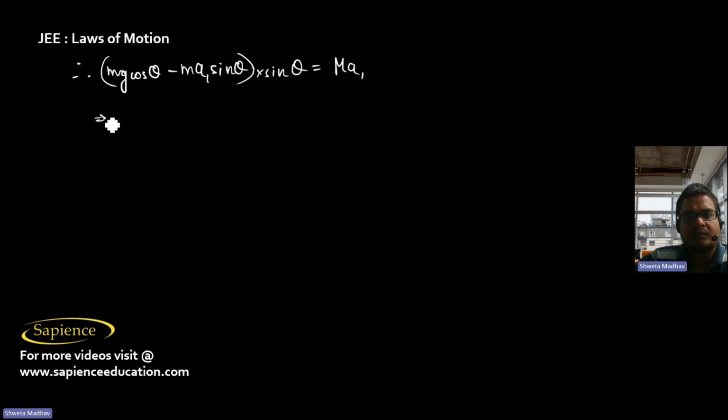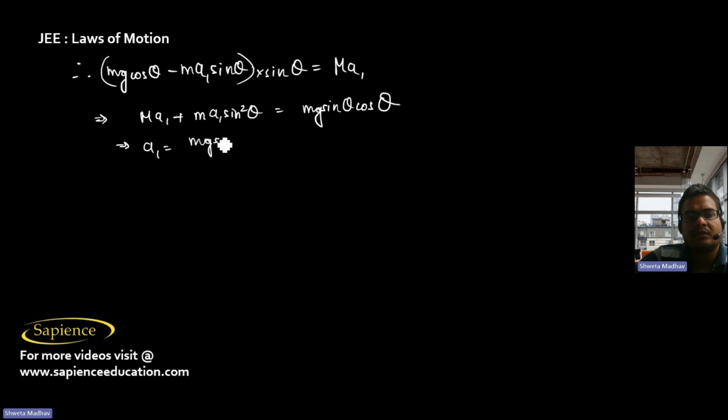So here we can say ma1 plus ma1 sin square theta is equal to mg sin theta cos theta. So therefore a1 will be equal to mg sin theta cos theta divided by m sin square theta plus m.